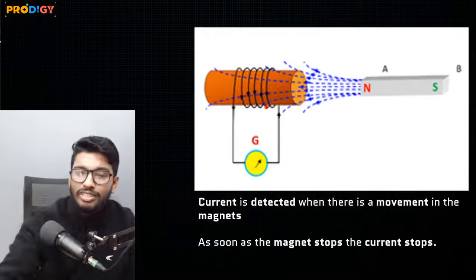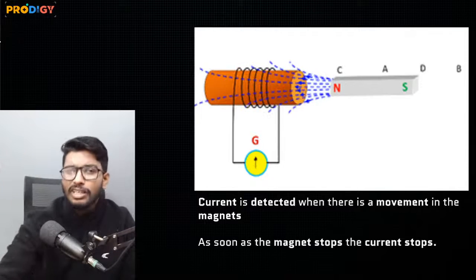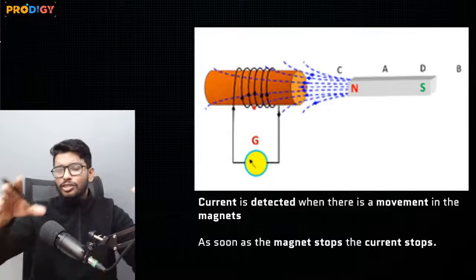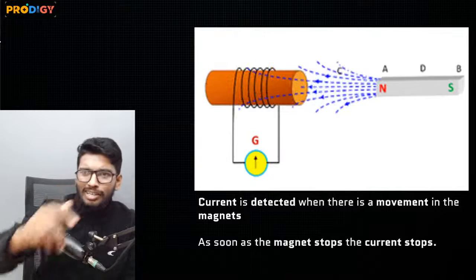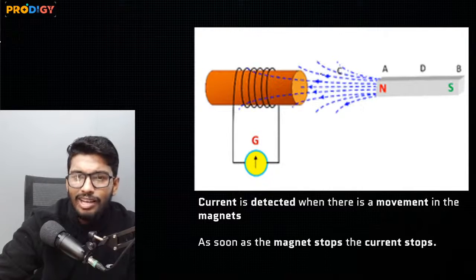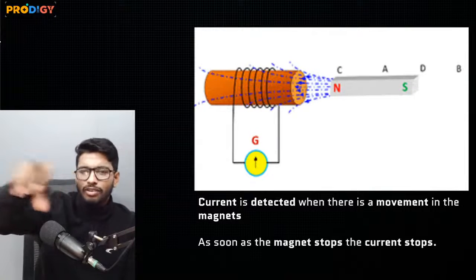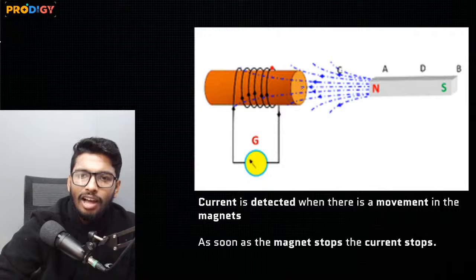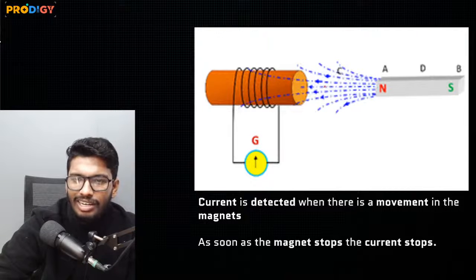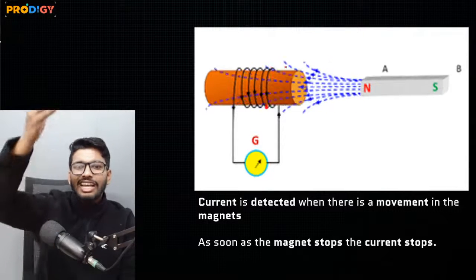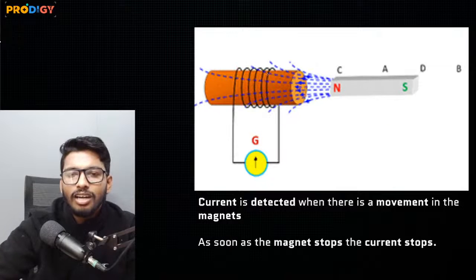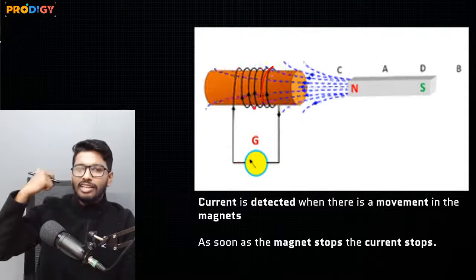But anyways, whoever is confused or still kind of skeptical about this, this is what happens, people. When you bring a bar magnet closer, you see these are the magnetic field lines. As you change this magnetic field, as you move this magnetic field, when it comes to the conductor, what is happening is that the magnetic field is getting cut. It is getting intercepted by the current carrying conductor.